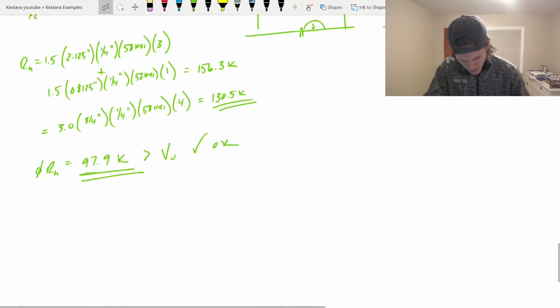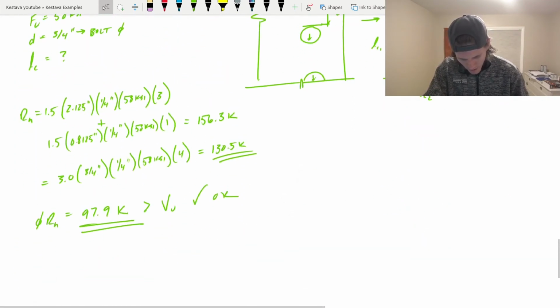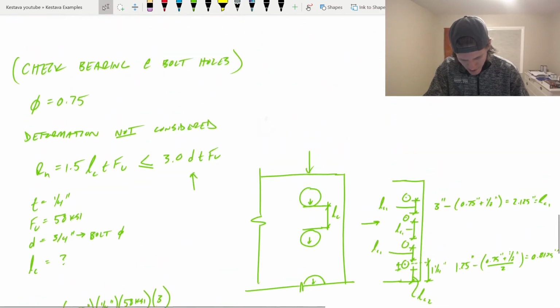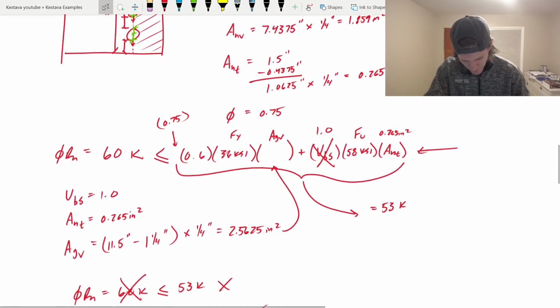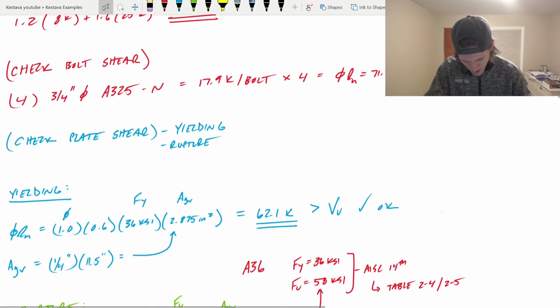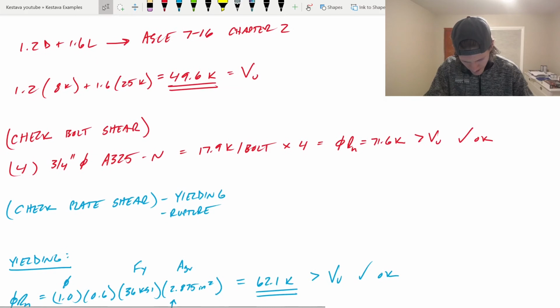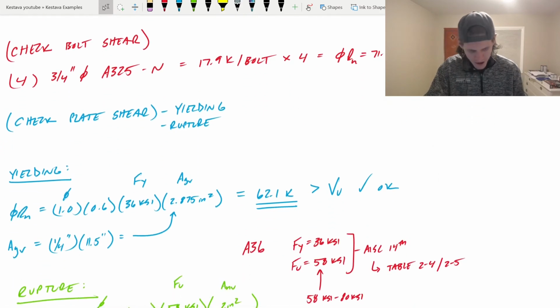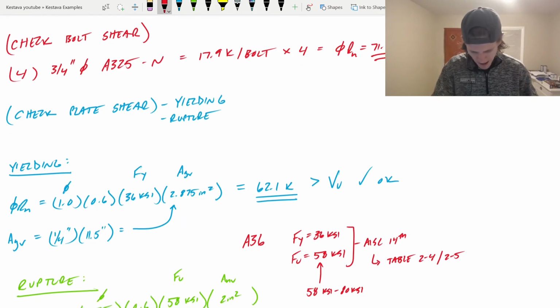And let's scroll back to the bottom. Well, what did we get to summarize? What's our governing case here? Man, we did a lot here today. So bolt shear, 72 kips roughly. Not bad.